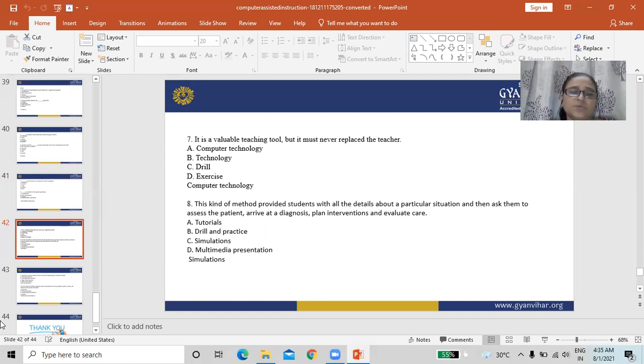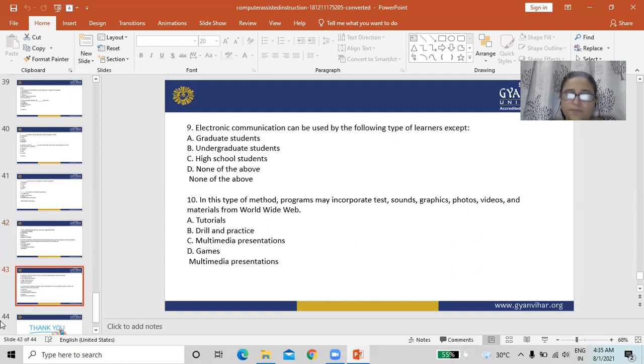Option A tutorial, option B drill and practice, option C simulation, option D multimedia presentation. Correct answer is simulation.